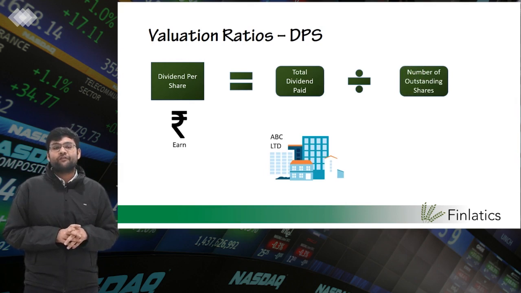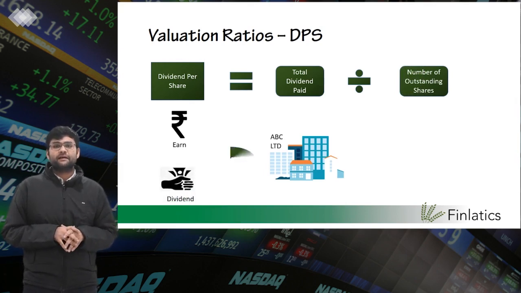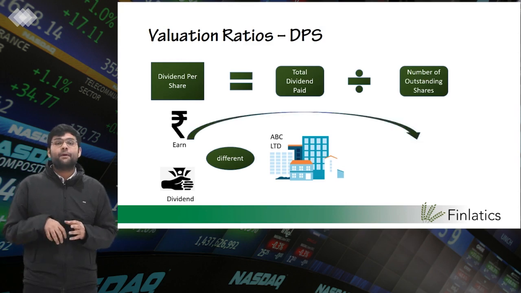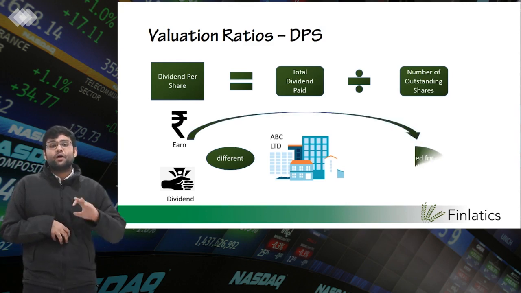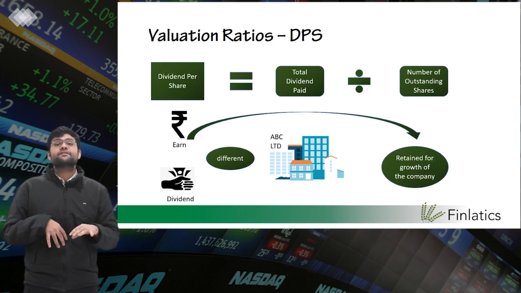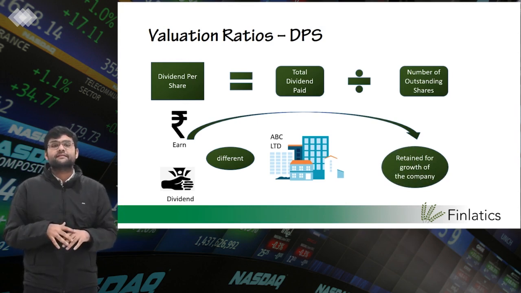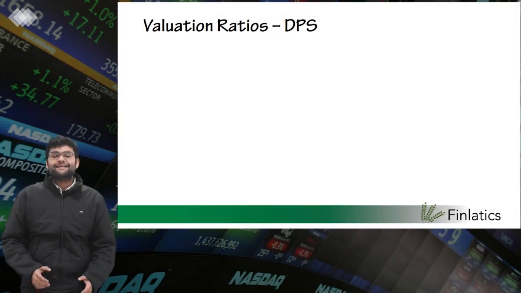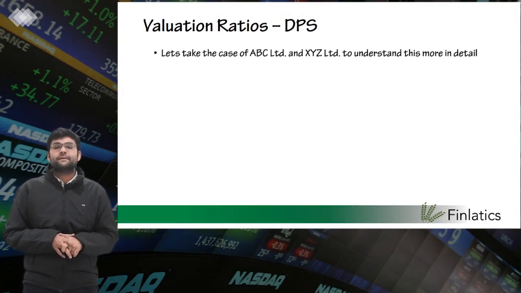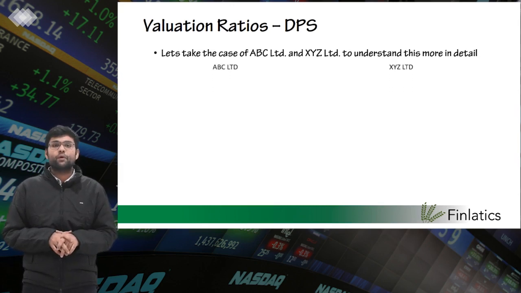Earnings and dividend of a company are different, as the company may choose to retain a part of its earnings and not give them to shareholders in order to fund its future growth activities. Let us take the case of ABC Limited and XYZ Limited to understand this more in detail.